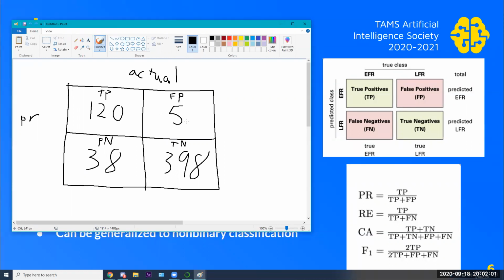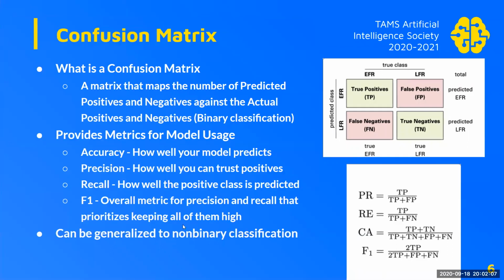So that's a much smaller consequence for our example. And so, this is why you'd want to prioritize these different things, right? You'd want to prioritize recall if you want the model to be able to predict the positive classes correctly, and use precision if you want to be able to trust the model's positive classifications, right? If the model says they have a bomb, you want to trust that they have a bomb.